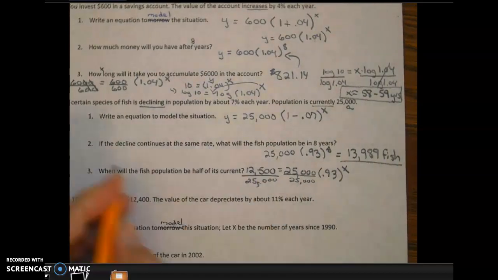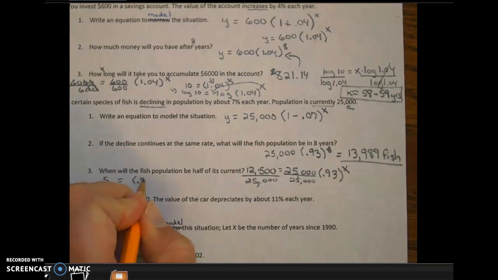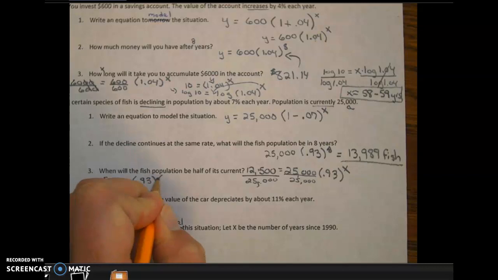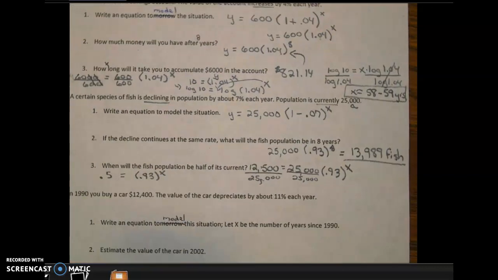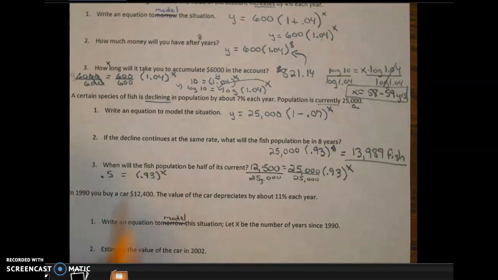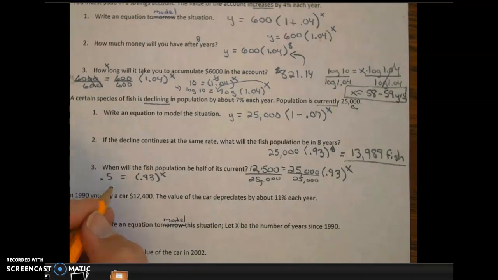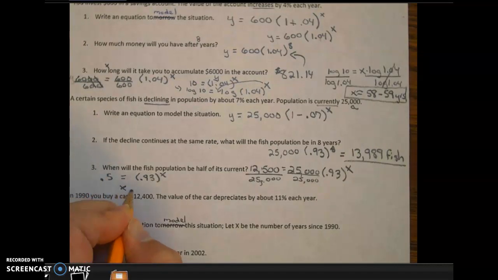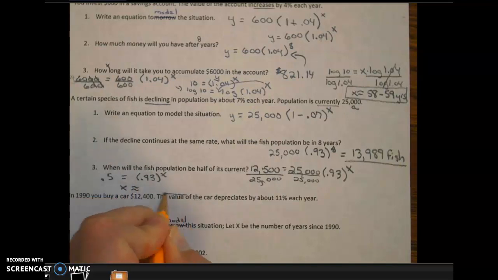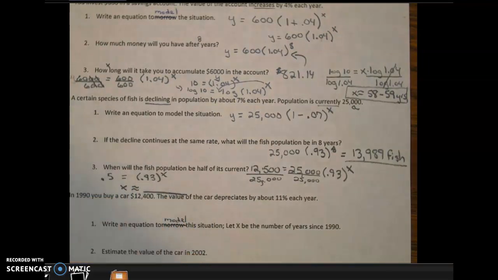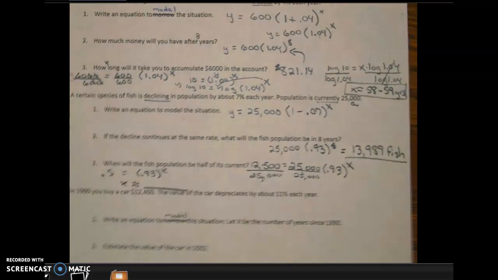So this division is going to give us 0.5. Okay. We're going to log both sides, bring the x down front, and then divide by log of 0.93. So when you get to class tomorrow, please put this in your calculator and calculate x for me. Unless you can do it at home if you have a calculator that will let you do log.